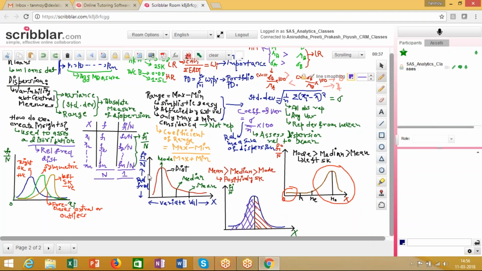So this is called a symmetric distribution, and for a symmetric distribution, the mean equals the median, which is equal to the mode, right? And this is therefore called a symmetric distribution.